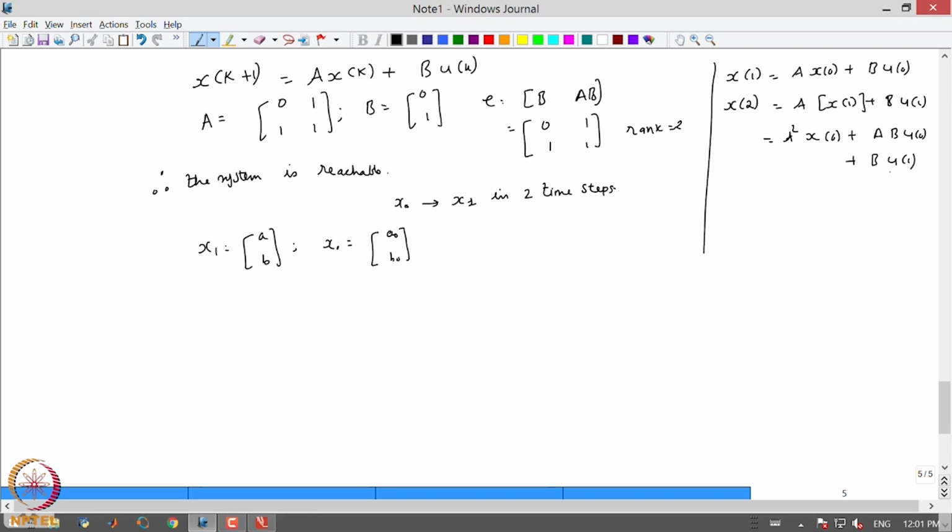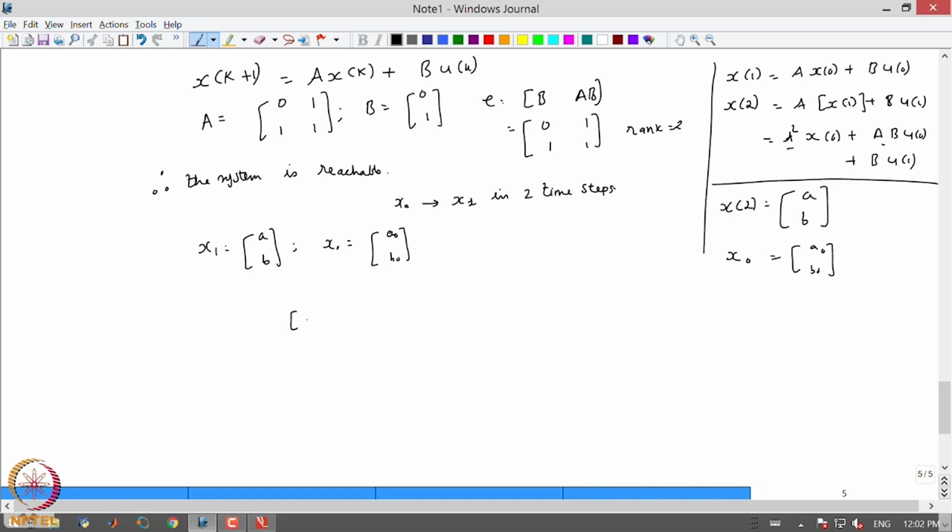Okay. So, I can substitute. What do I know? I know x of 2 here is (a, b), this is the final state which I want to reach, and x naught is (a naught, b naught). I know the matrices A, B and so on. So, I just substitute it over there to get the following.